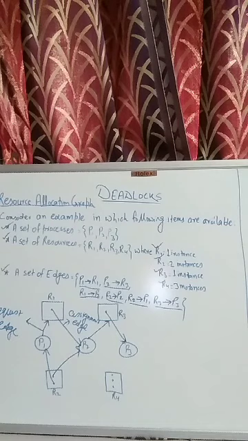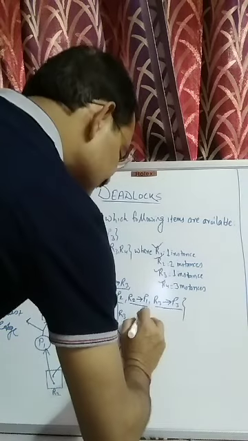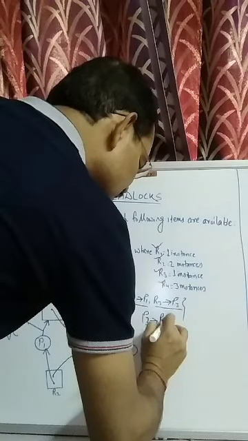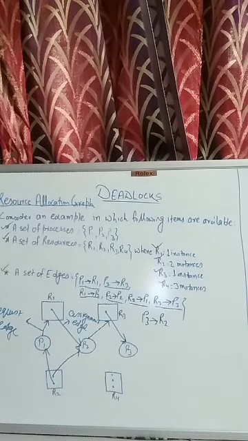Now suppose at time t1, next time slot, process P3 requests an instance of R2, that is, one edge P3 arrow R2 is added in the system.